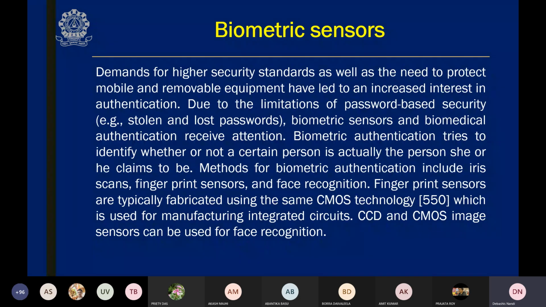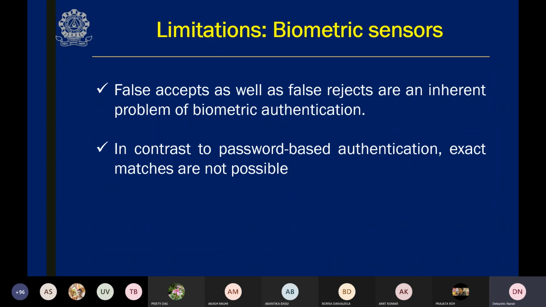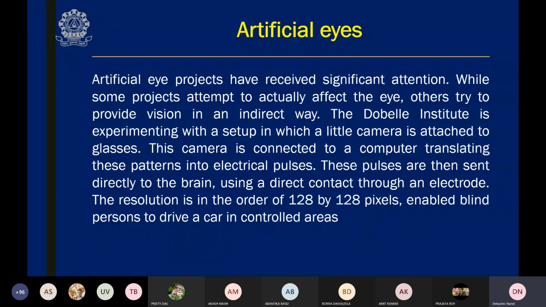However, biometric sensors are used nowadays in different areas. These are the limitations, I already mentioned this. Then artificial eyes are also there. Artificial eyes means, what can you do? In place of your eye, some camera systems may be used.